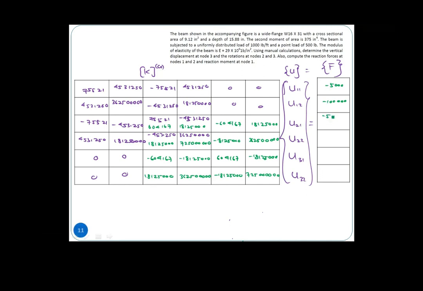Sorry, negative 5,000 minus 250, negative 100,000 minus 3750. Sorry, this is positive: positive 3750. Then we have negative 250, 3750.